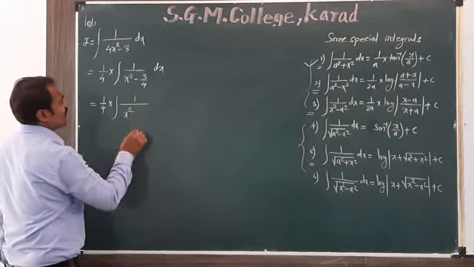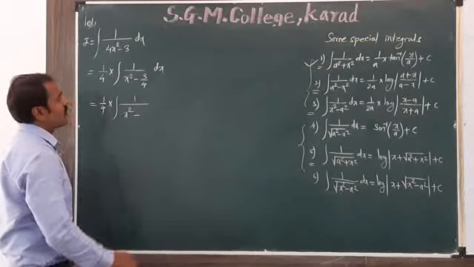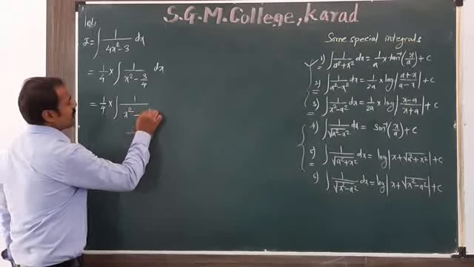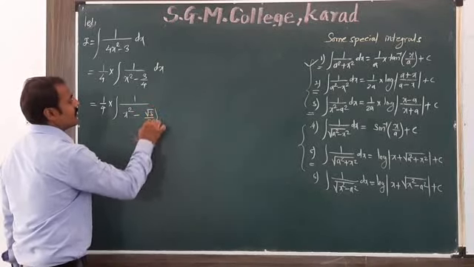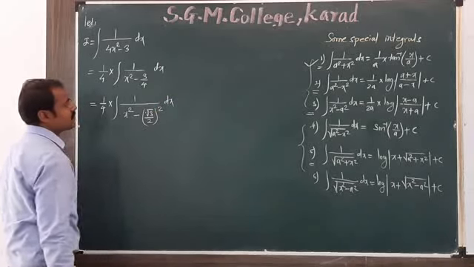Here is the term x square minus, I can write root 3 by 4 as the square of the term root 3 divided by 2 bracket square.